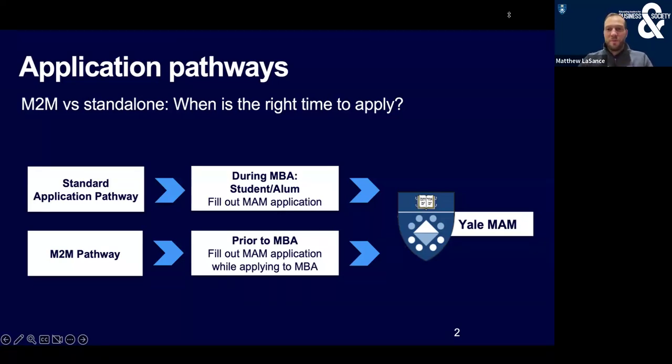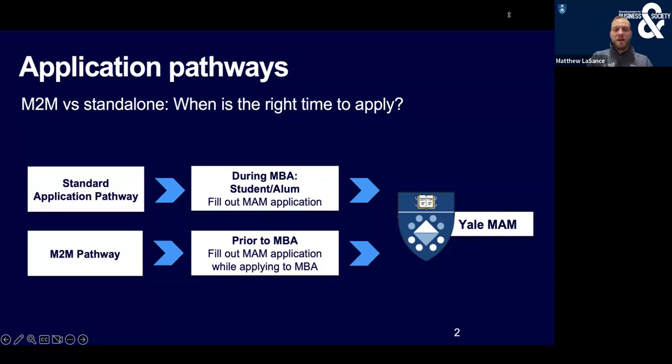One of our other pathways is the M2M pathway. Through this pathway, which we have with two schools at the moment, UBC and HEC Paris, you would actually apply for the program before even starting your MBA. So essentially, you would know what the next 2 years of your life are going to look like.